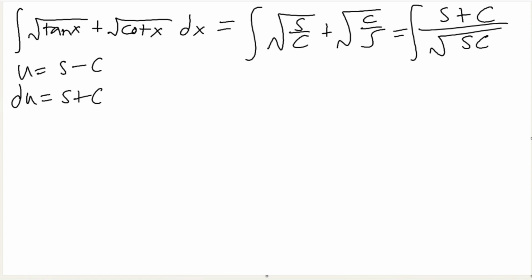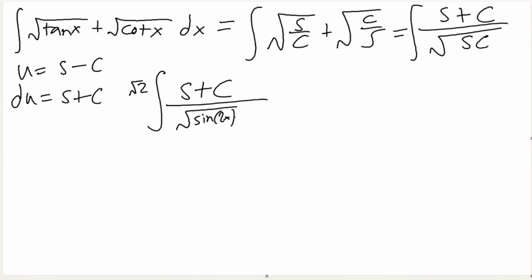Okay. So I'm going to need 1 minus, oh, well, first of all, I need a square root of 2, so that I can get the square root of 2 here. And now it's sine 2x. And then I'm going to do minus 1 plus 1.